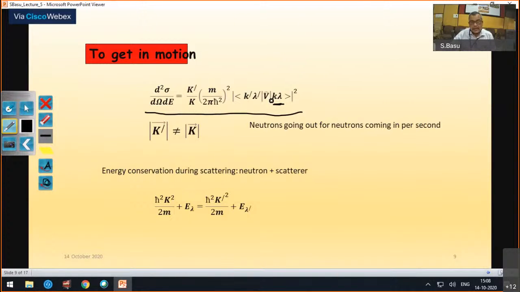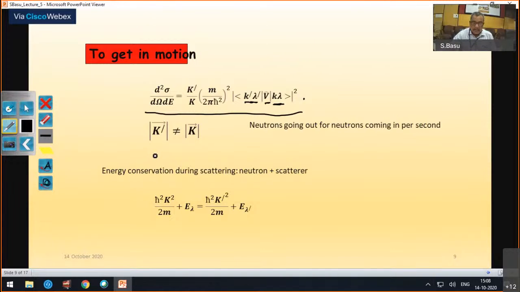Energy means not only energy but spin, everything, all possible states of the system, but here energy is important, goes to k prime, the neutron, lambda prime, the system, under the influence of this potential V. This is quantum mechanical. I expect you at least to understand this much, basically.